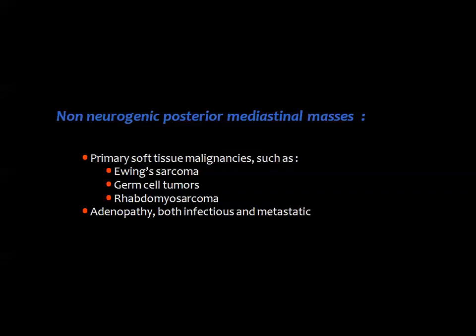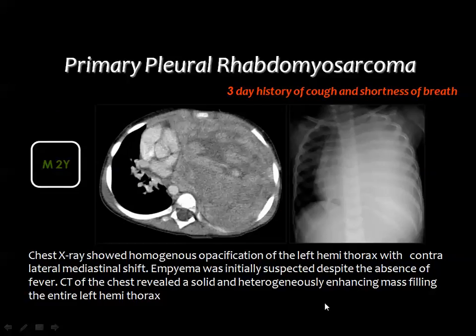They are usually diagnosed after histopathology, like Ewing sarcoma, germ cell tumors, and rhabdomyosarcoma. And this is a case of primary pleural rhabdomyosarcoma. Here, the patient is 2 years old, and there is a big mass occupying the left hemithorax.